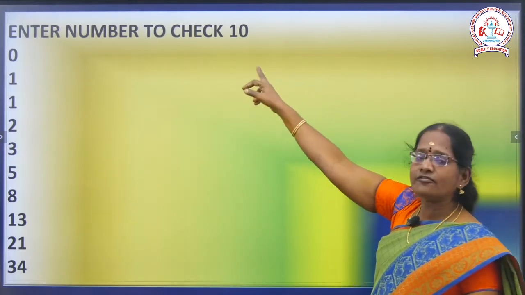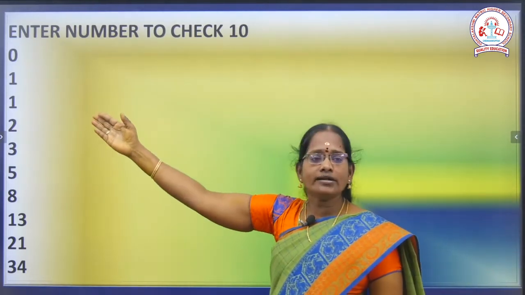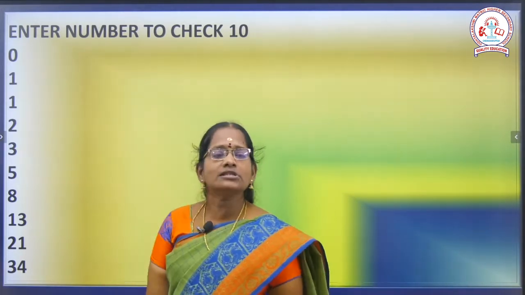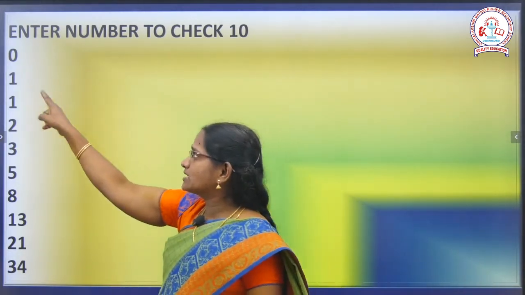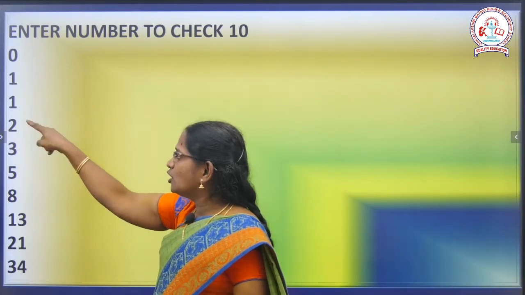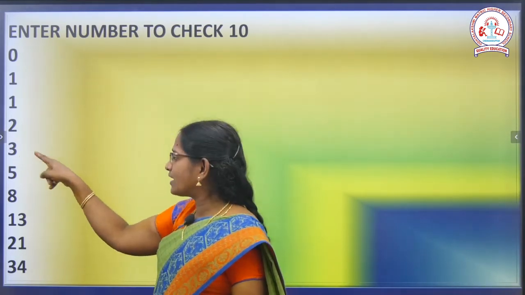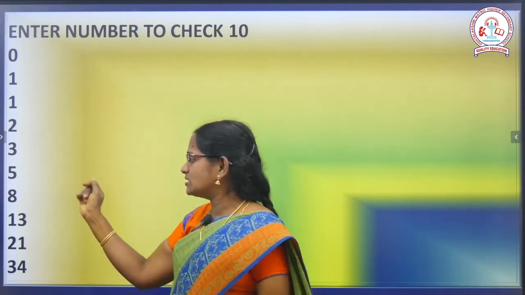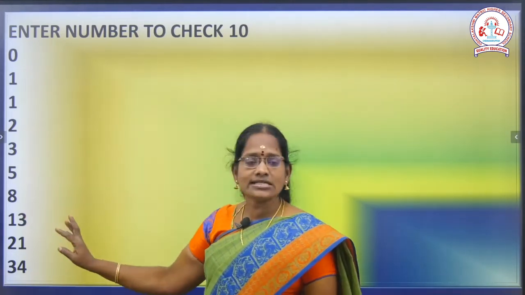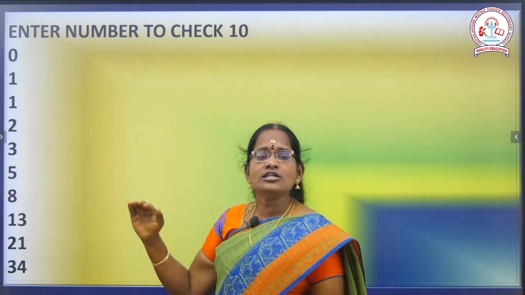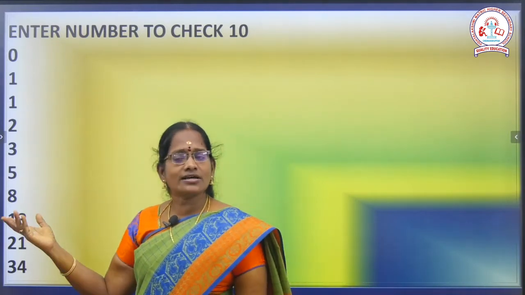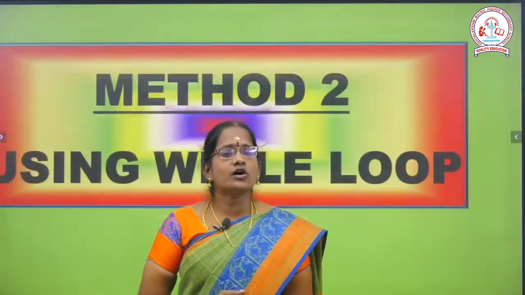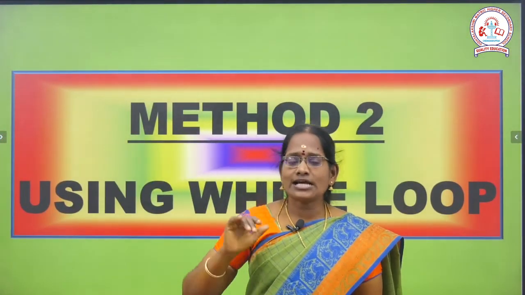First you enter the value 10, then 0, 1, 2, 3, 5, 8, 13 and so on up to 34. 0 plus 1 is 1, 1 plus 1 is 2, 1 plus 2 is 3, 2 plus 3 is 5, 5 plus 3 is 8, 5 plus 8 is 13, 13 plus 8 is 21, 21 plus 13 is 34. We already know the total value, that is 34. So automatically this loop starts executing.